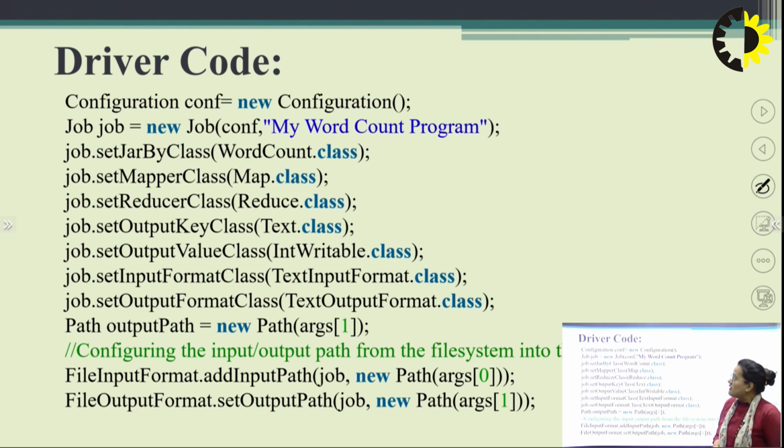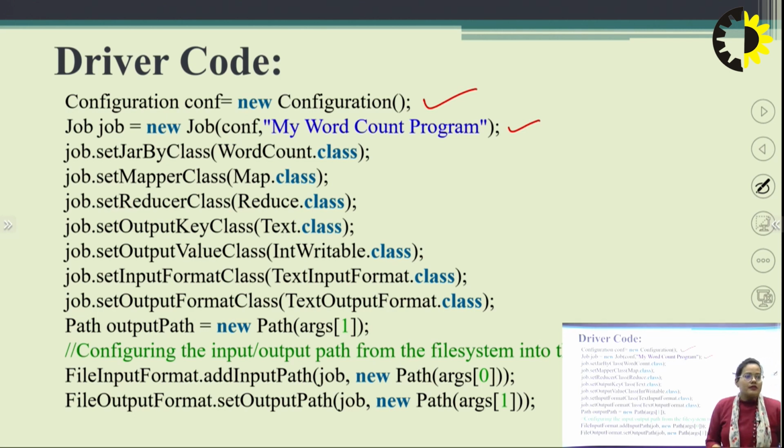In driver code, this line creates the object of the configuration class, and from this line we specify the name of the job, the data type of input and output of the mapper and reducer.